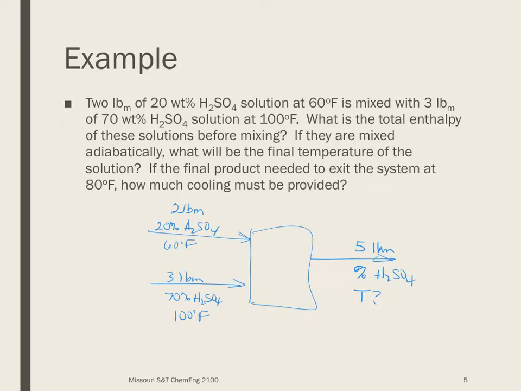So if I do this adiabatically, then no heat is going to be transferred in or out, and so I can predict the final temperature. Or if I want to know if the final temperature needs to be 80 degrees Fahrenheit, how much heat transfer will be required.